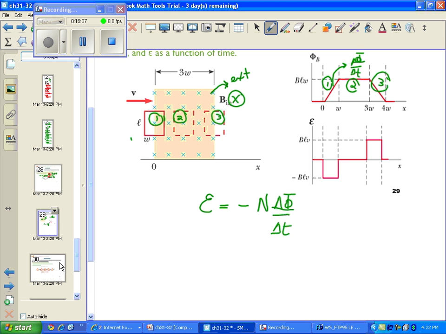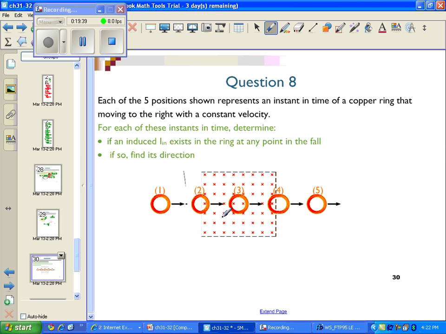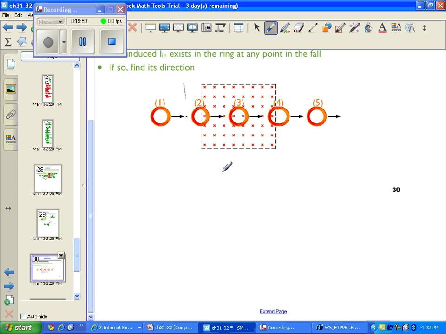Well, the next problem will actually ask us to do the same thing, but this time, as this ring moves through these 5 different positions, we are to determine the direction of the induced current and, of course, the induced magnetic field at these 5 points in time.